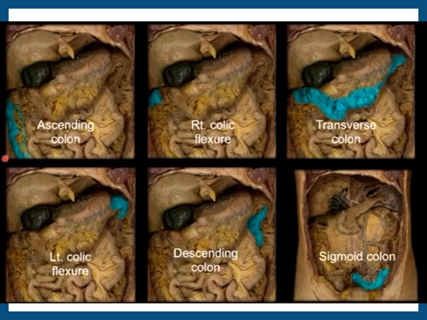And then you can see here we've got the ascending colon going upwards, and then the right colic flexure, then going over to the transverse colon and the left colic flexure, down the descending colon, and that kind of S sigmoid colon there.